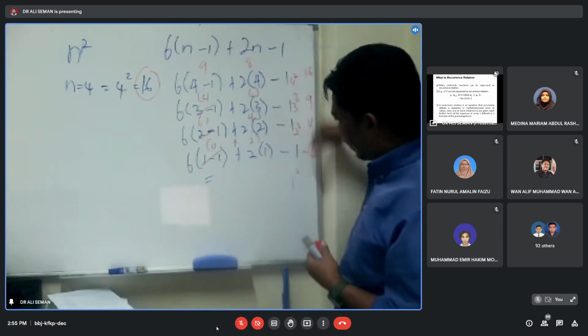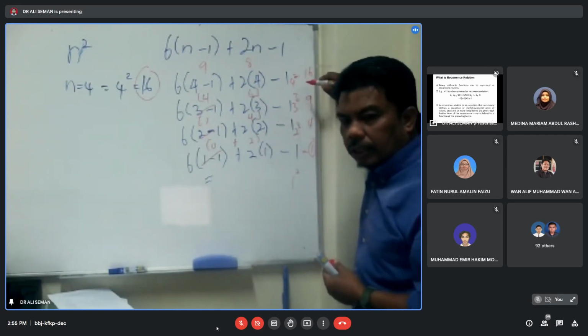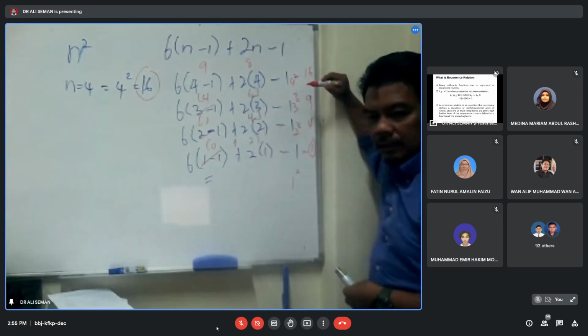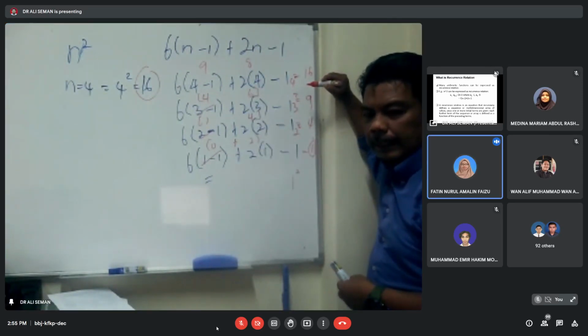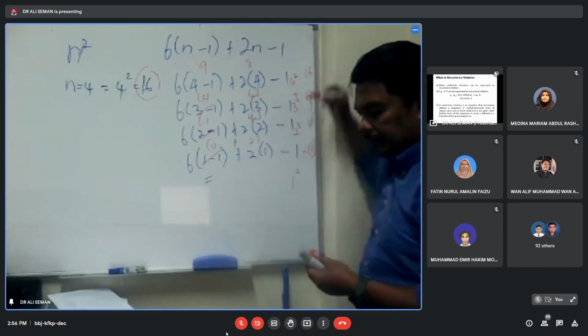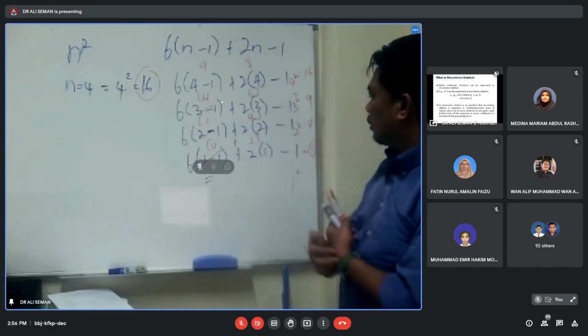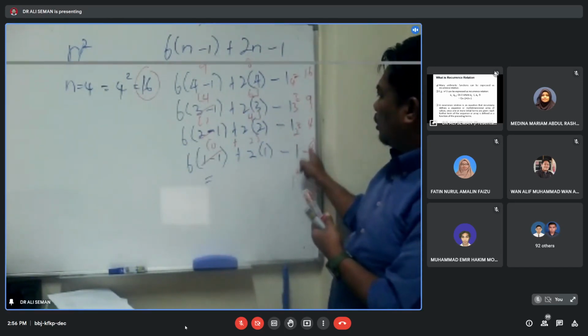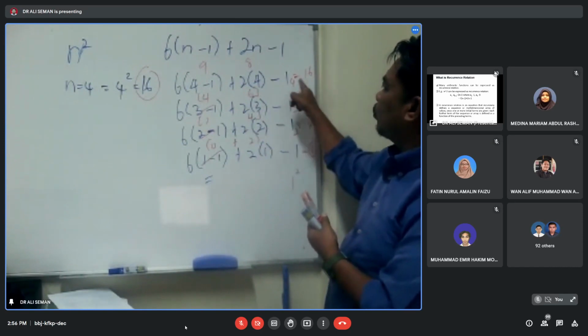Can you see the pattern here? This is basically how the recurrence works. Understand? Any questions? So 1 squared is 1, 2 squared is 4, 3 squared is 9, 4 squared is 16.